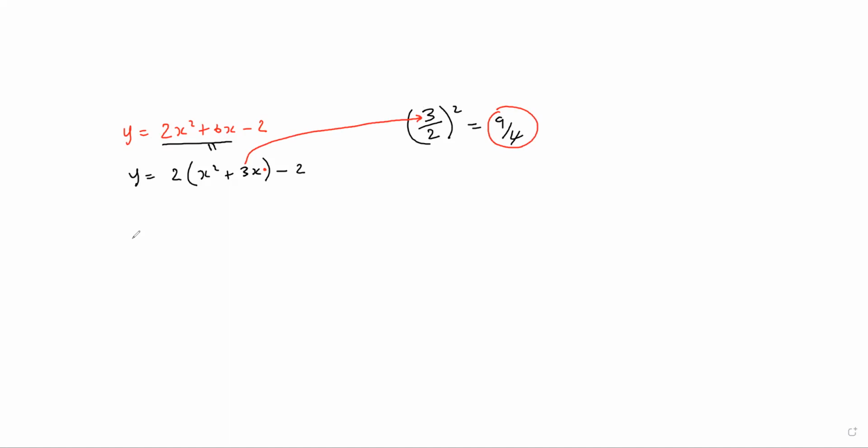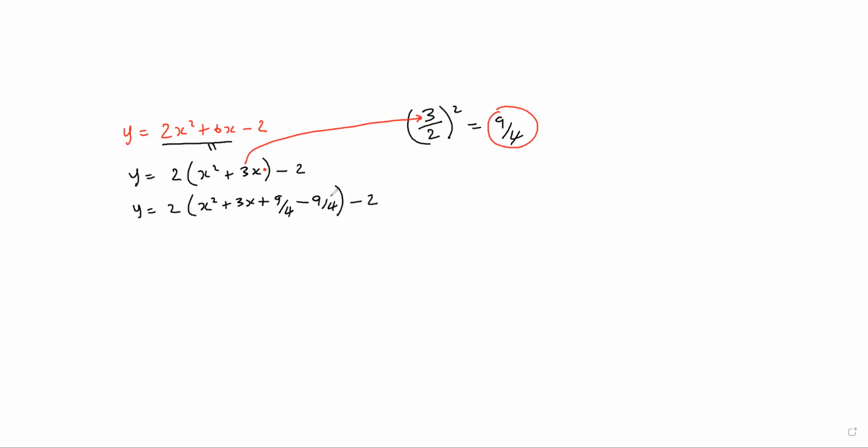It is a little bit more tricky, this method, and we're going to do it again in grade 10. So we've got y equals 2 times x squared plus 3x plus 9 on 4 minus 9 on 4, close bracket, minus 2.